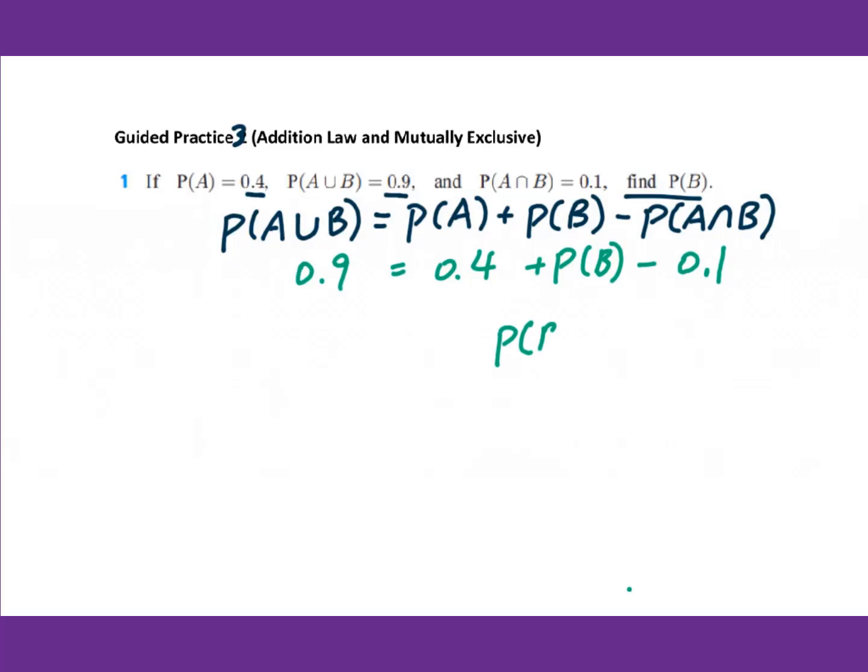Therefore, the probability of B equals 0.9 minus 0.4 plus 0.1. You will get 0.6. That's the probability of B.